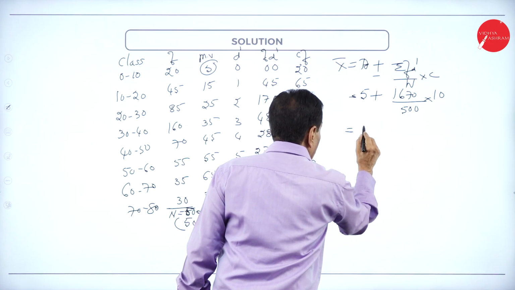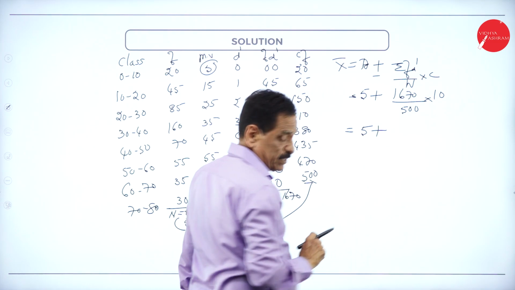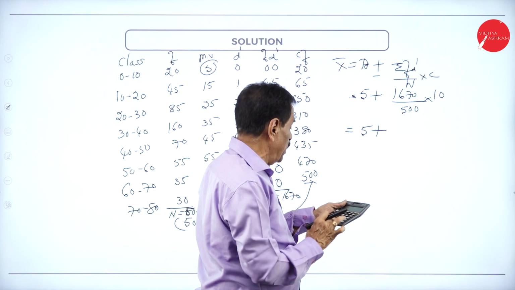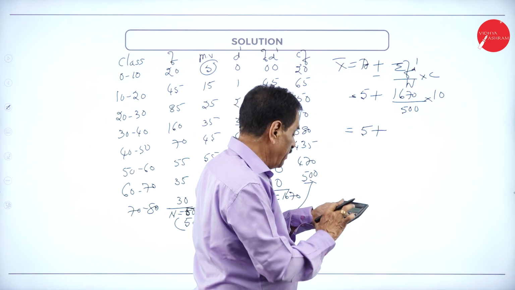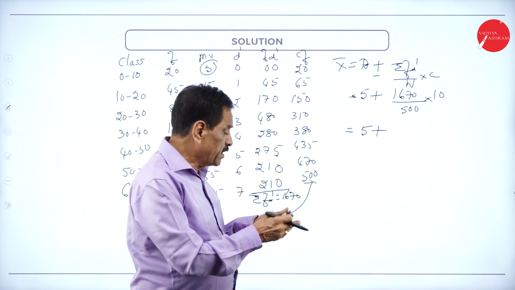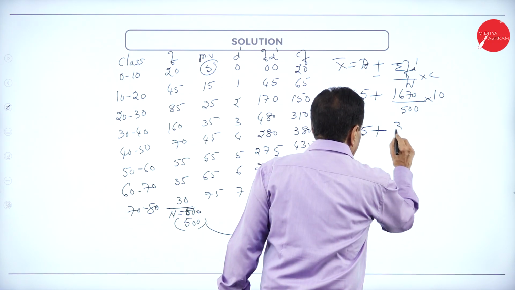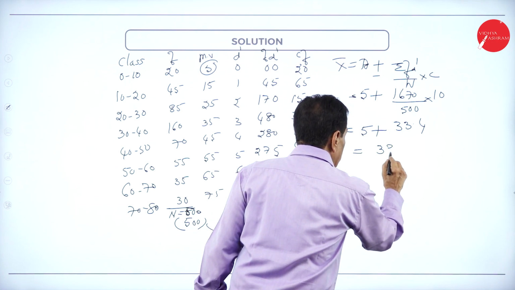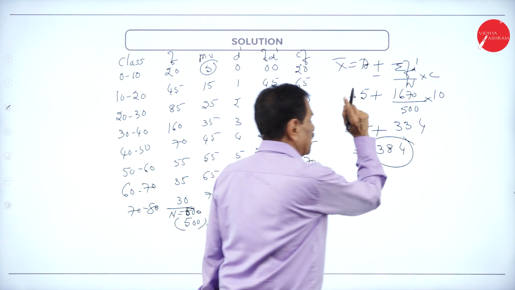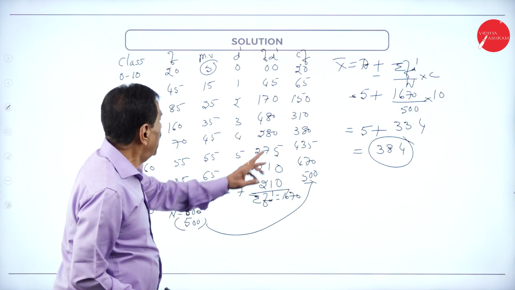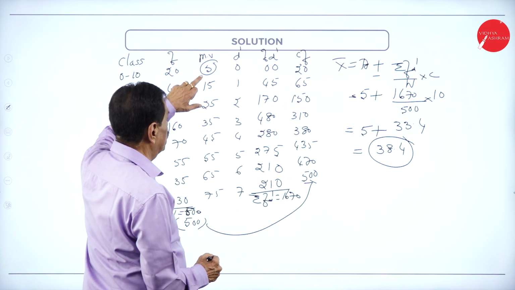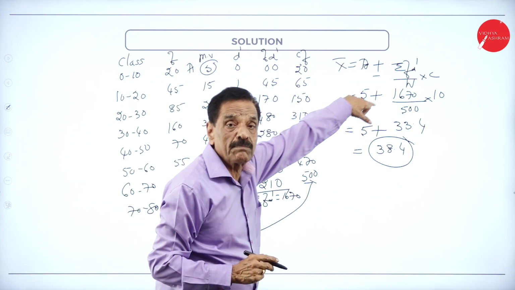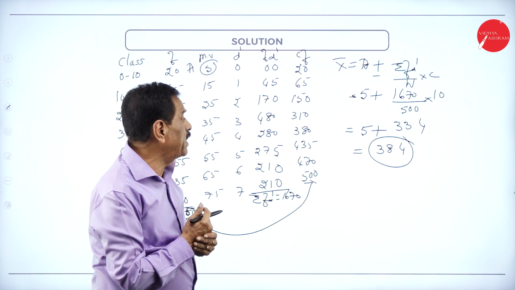Simplify this: 5 plus 1670 into 10 divided by 500, 33.4. Add, 38.4. This is your mean. Your assumed is d dash mid value A. A plus or minus sigma ft dash divided by n into c.